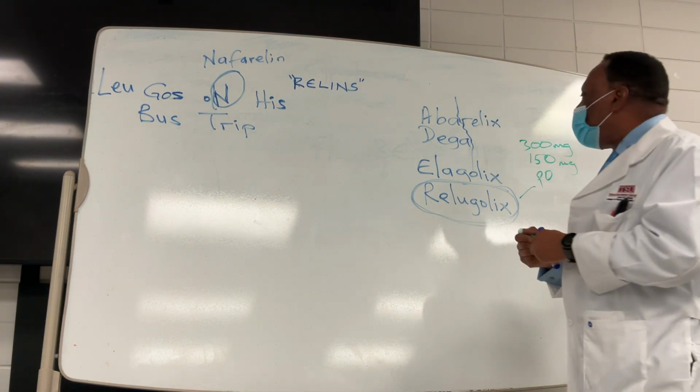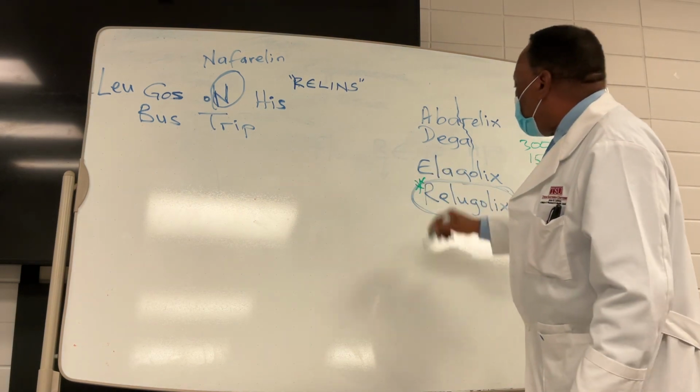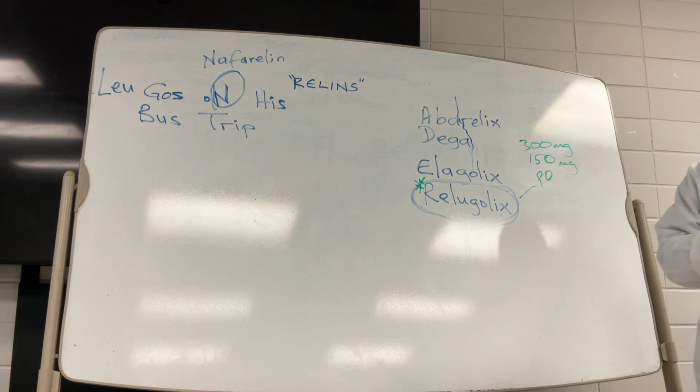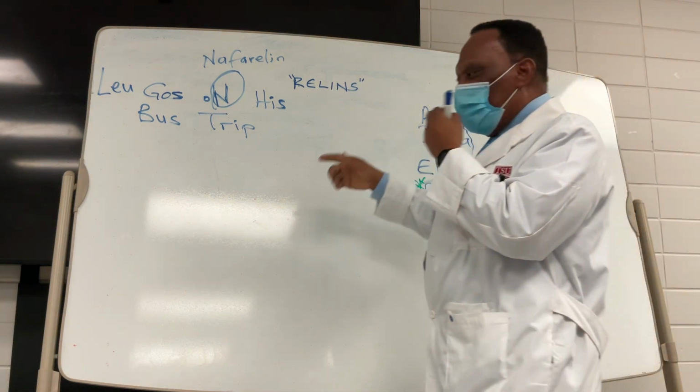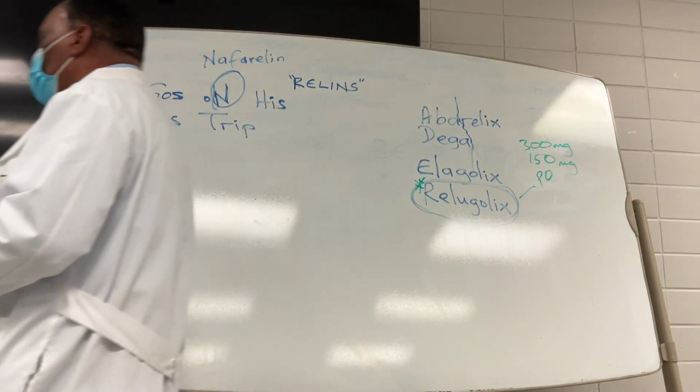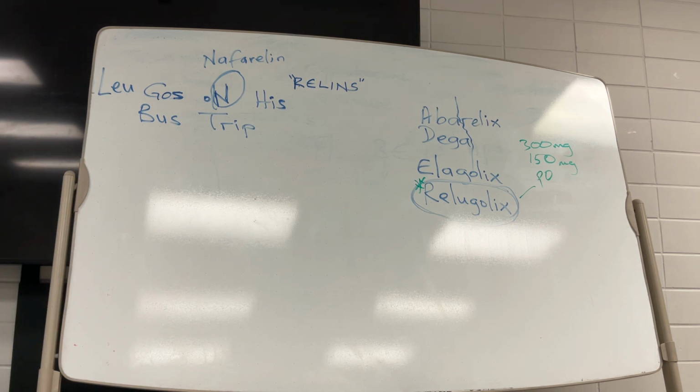Right now, relugolix is the one that is being touted basically as the best among those gonadotropin releasing hormone antagonists. If you really look at it, their mechanism of action is also at the receptor site, so very similar to your androgen antagonist.